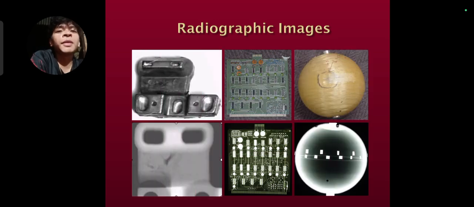This is a sample of radiographic images. As you can see, it is an x-ray. The three materials in the upper right are the actual materials, and in the lower right are the radiographic images. As you can see, there are some internal components related to the test.